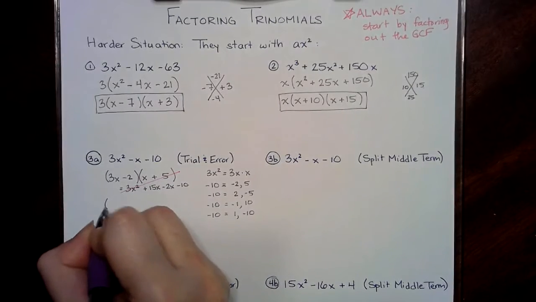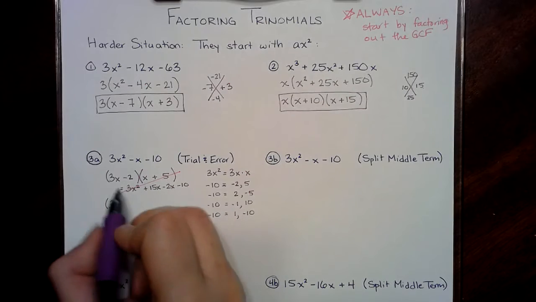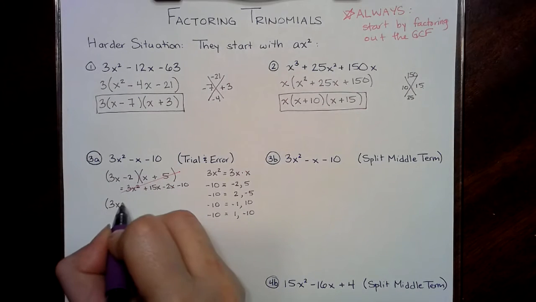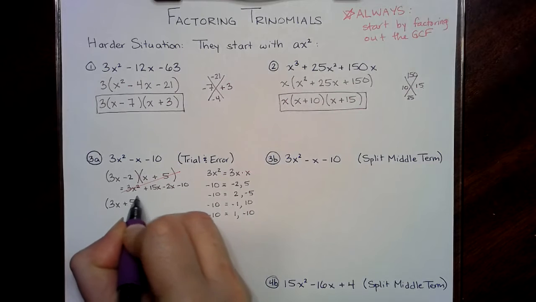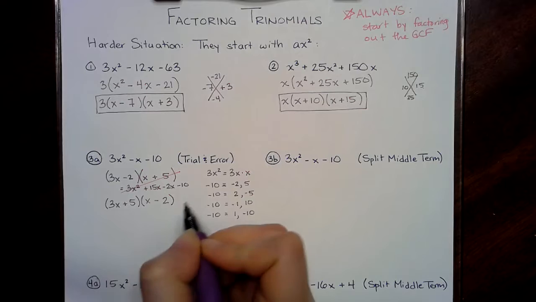Let's try again. What if I do these in the other order? Putting the 5 with the 3x and the minus 2 with the x. So I could have 3x plus 5 and x minus 2.